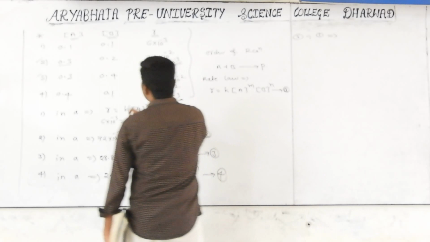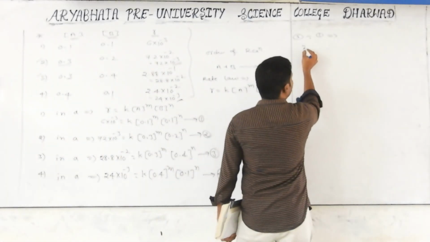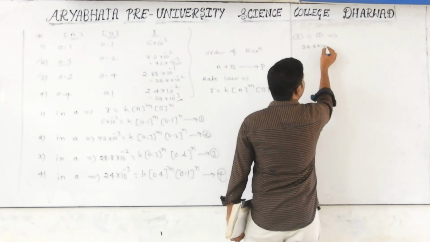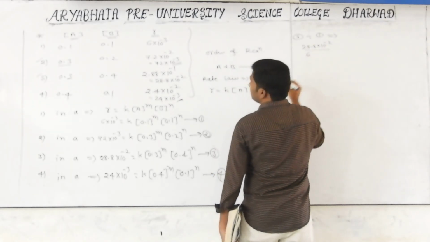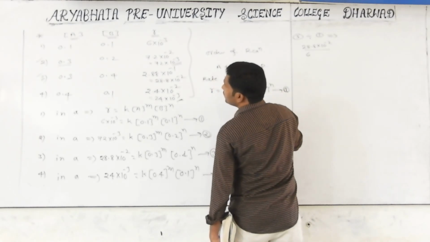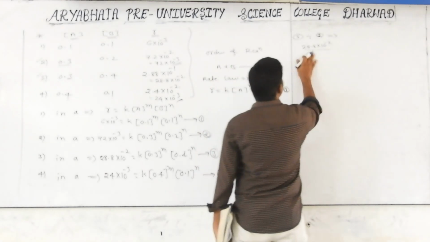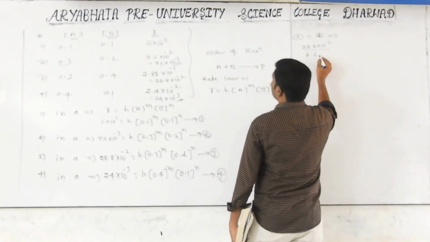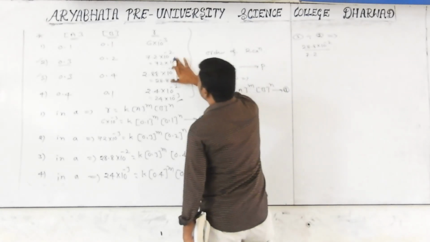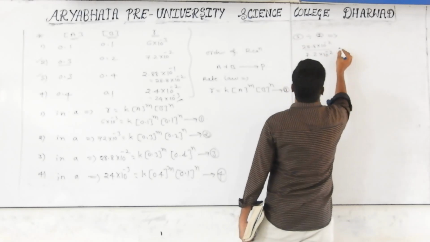Okay, that's why I am doing equation number 3 divided by 2. Equation number 3 value, 28.8 into 10 to the power of minus 2, by the second value, 7.2 into 10 to the power of minus 2.